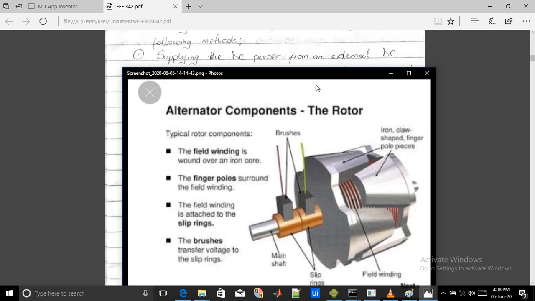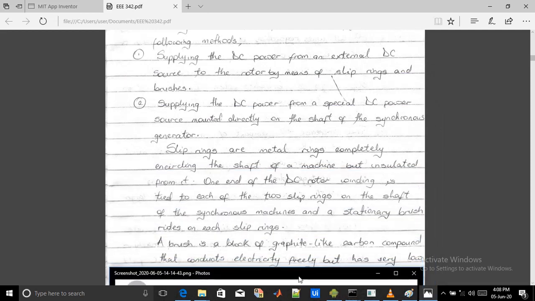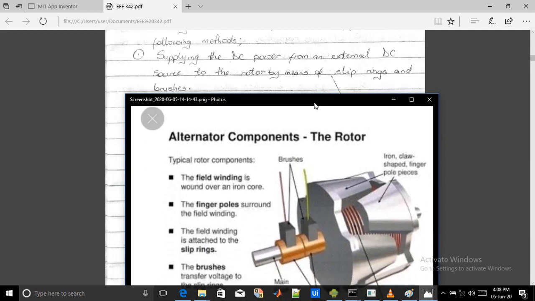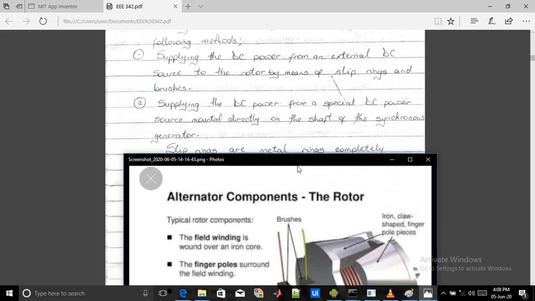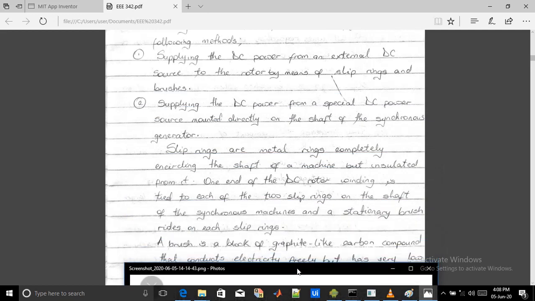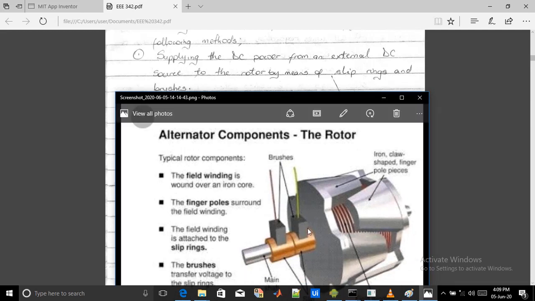So now the brush is made up of graphite, and we know that graphite is a conductor, right? And it's very soft, in order to avoid wearing of the slip rings, since the slip rings are made of metals, right? So now the brushes that will be on each slip ring, as you see in the picture, this is the first brush, this is the second brush now, right?